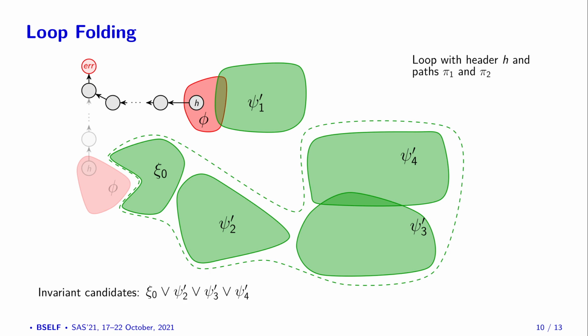And if we ever hit the loop again, we take the candidates that are disjunctive with the current error states, merge them together, and use them to create a new first inductive candidate in this new loop folding attempt. More details about loop folding and how it does the over-approximation can be found in the paper.